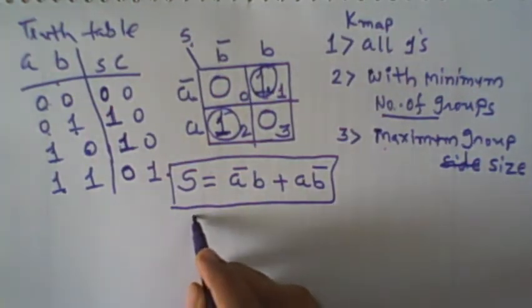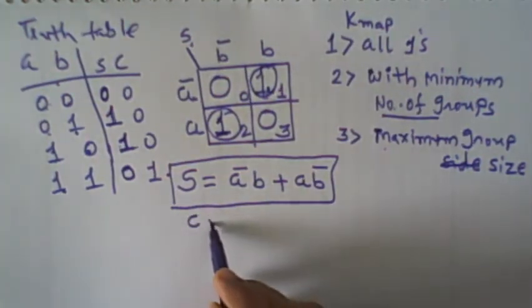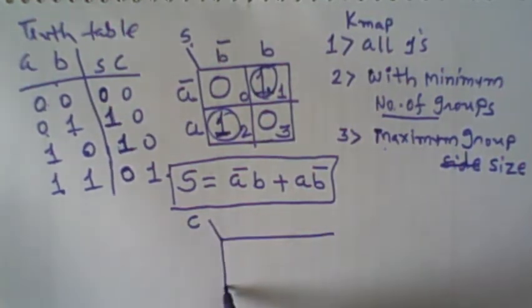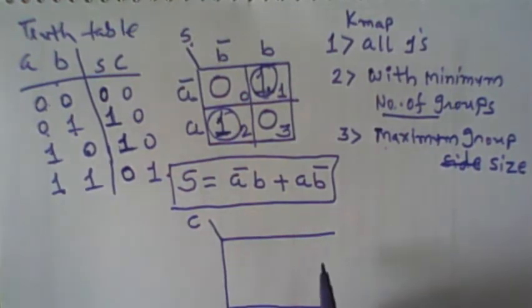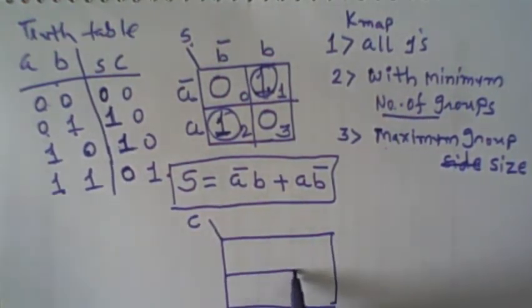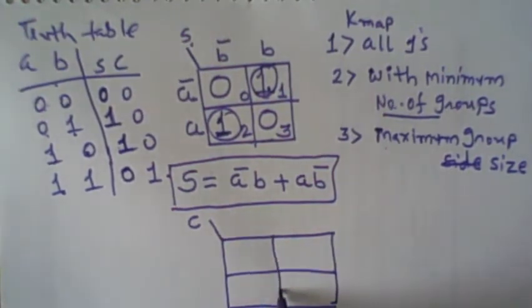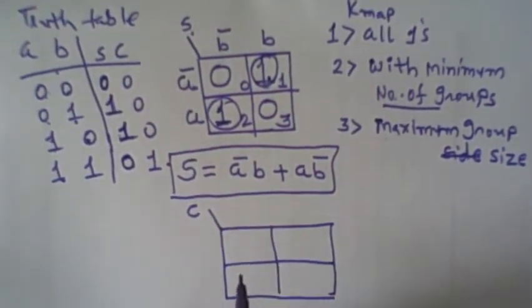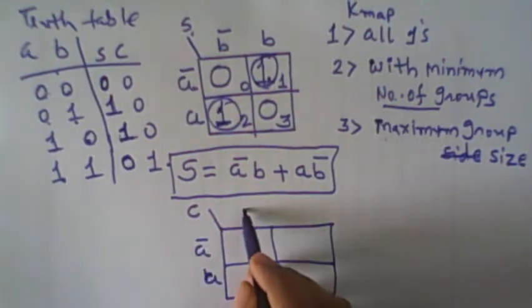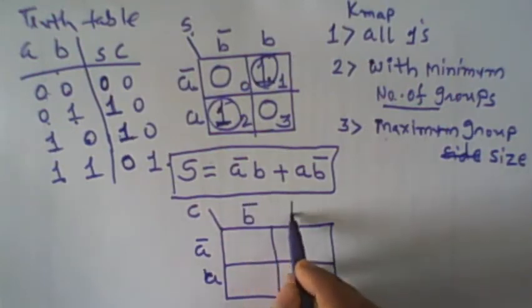Similarly, we have to prepare for the other output variable, which is the carry bit. So we have to prepare a Karnaugh map for the carry bit. Here the inputs are 2, so it is a two variable Karnaugh map, where we use A for the different rows and B for the different columns.